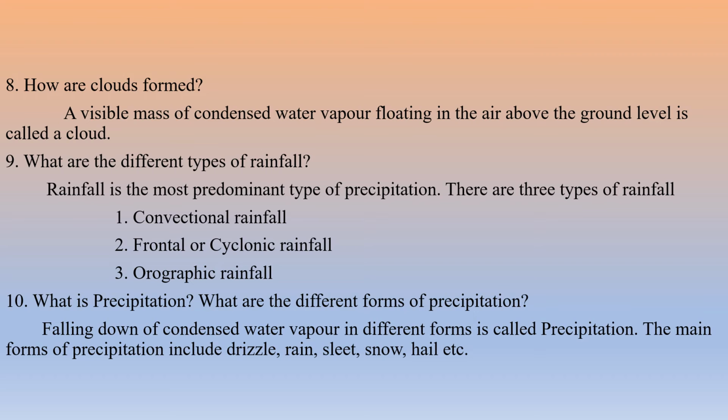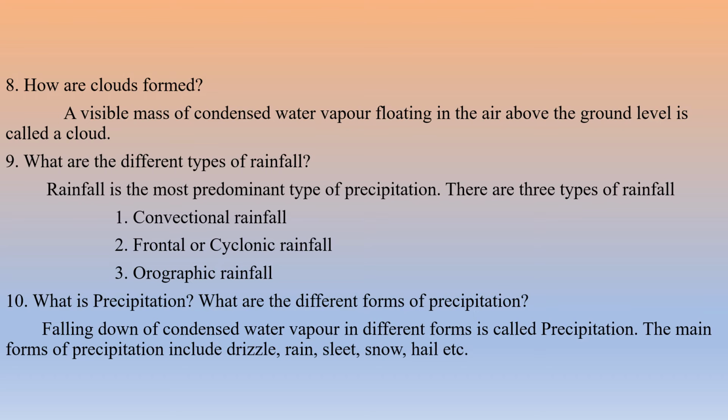After a long time, after the process is over, it will return as rain. Without the cloud also there can be heavy rain, but clouds are always formed because of the water vapor floating in the air above the ground level.